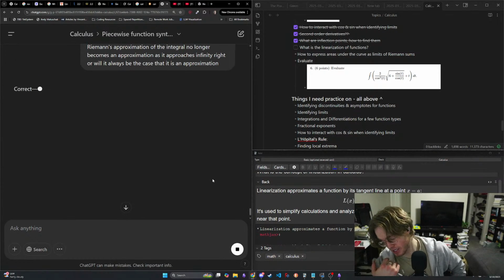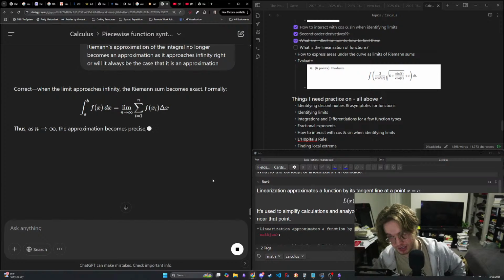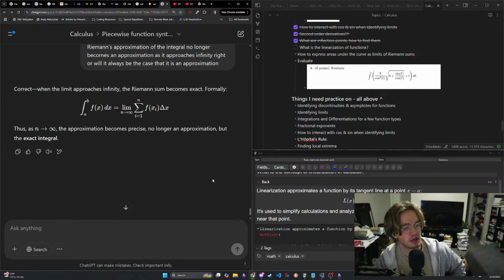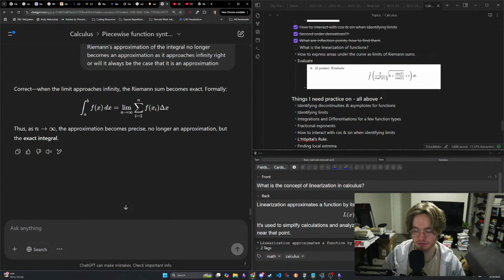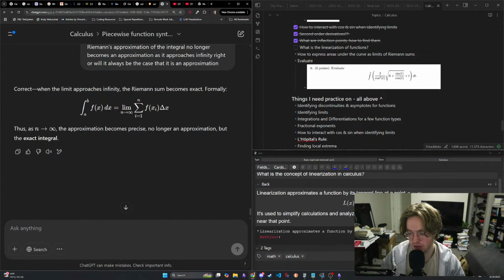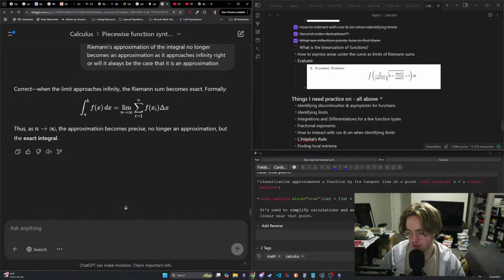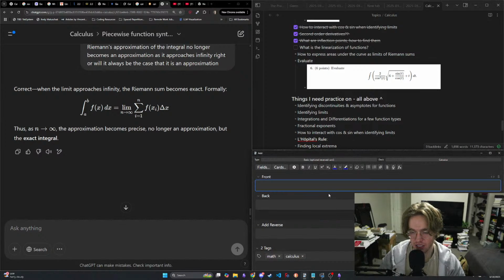I think it will always be an approximation, unless you are at infinity. Okay, so add that one.